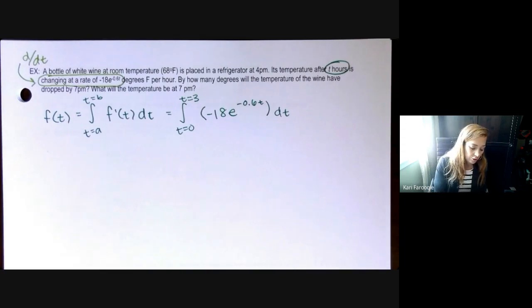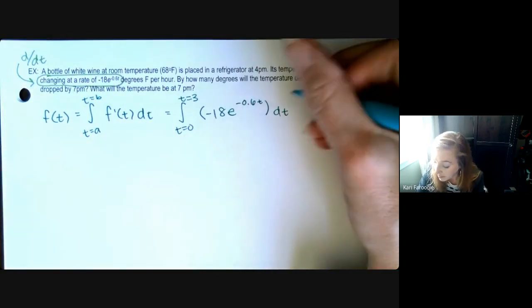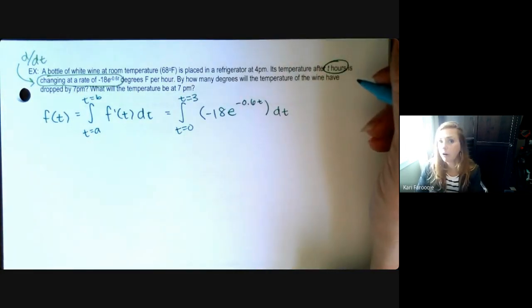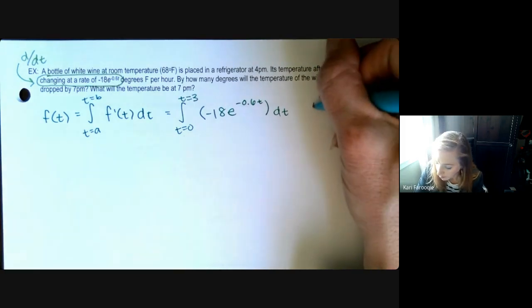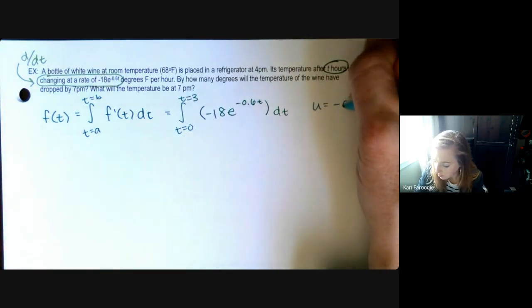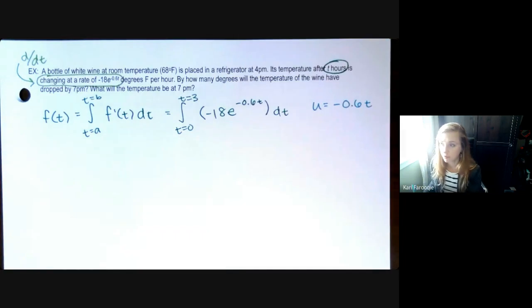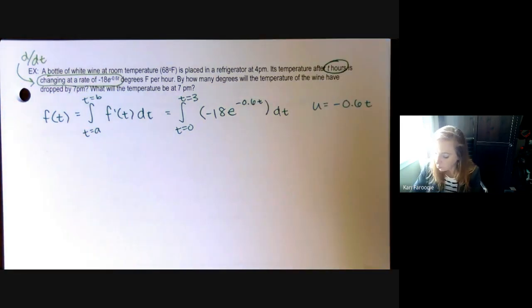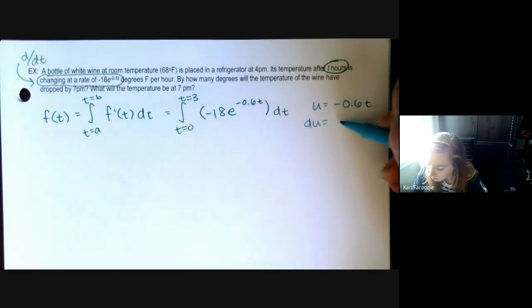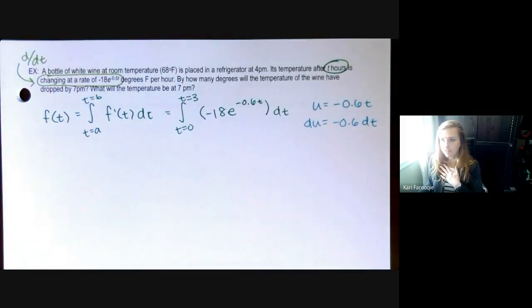So we're going to write our u substitution using the exponent for e as our function u. So we're going to say that u is negative 0.6 t, which means that du is negative 0.6 dt.